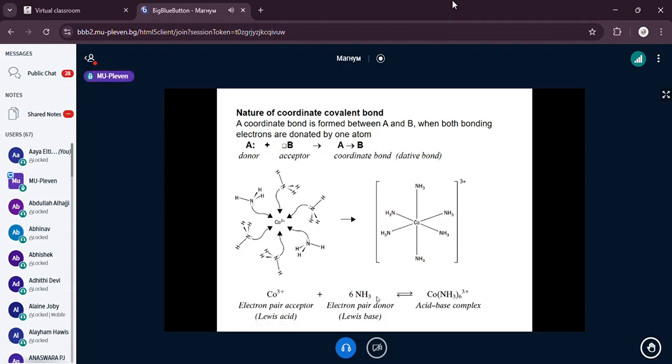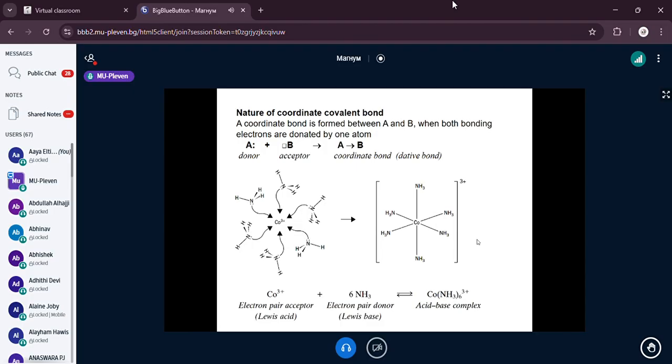The cobalt 3+ ion possesses empty atomic orbitals, which can be occupied by 6 lone electron pairs of nitrogen atoms of ammonia molecules. And in this way, the complex between cobalt and 6 ammonia molecules is formed.